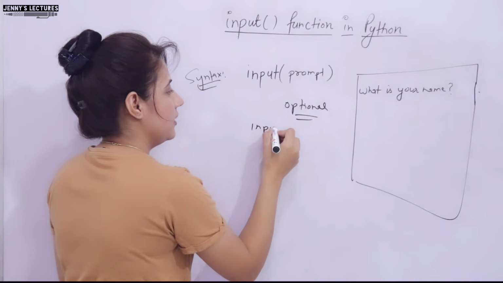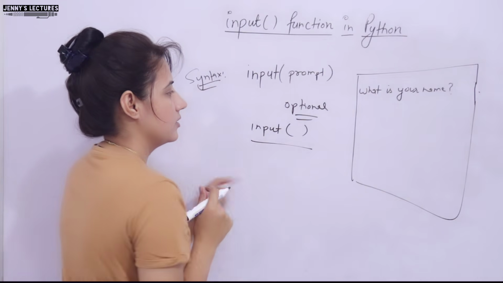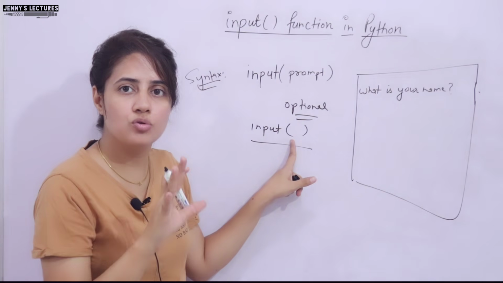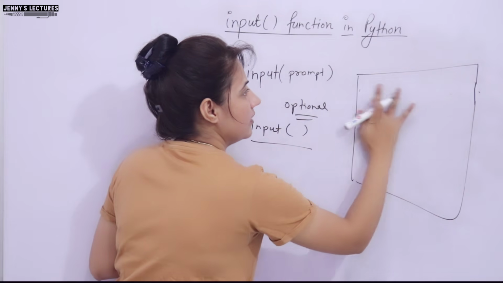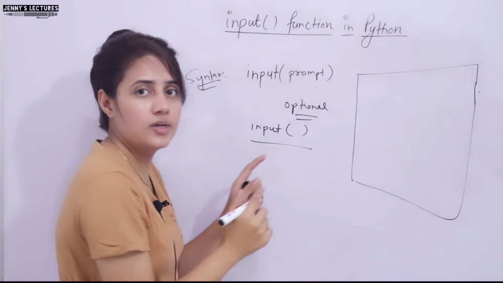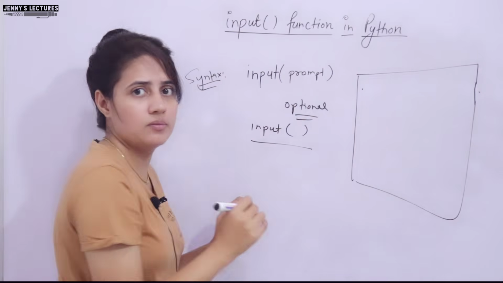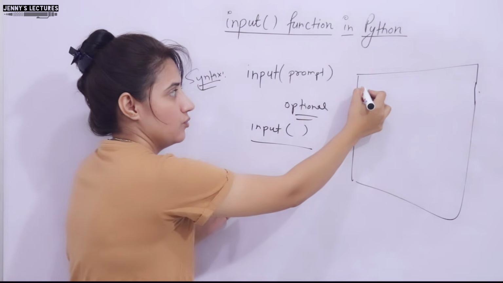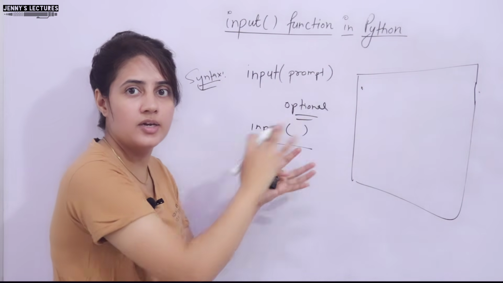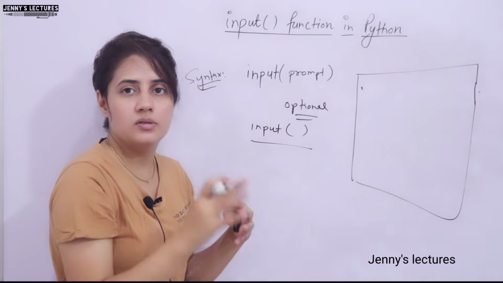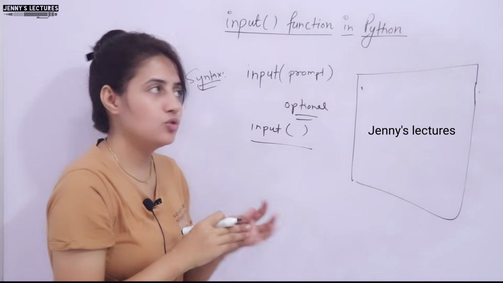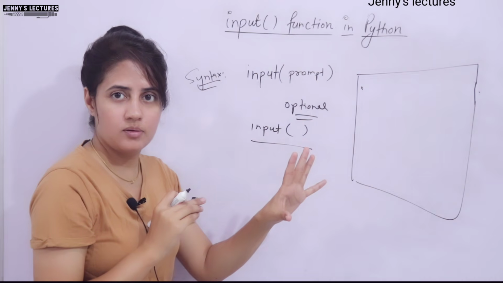If I simply write input, then this function would also run. But in this case nothing would be shown on the screen. Simply a cursor would be there, maybe a blinking cursor, where the user can input his or her name or whatever data he or she wants to give. So this prompt is optional.